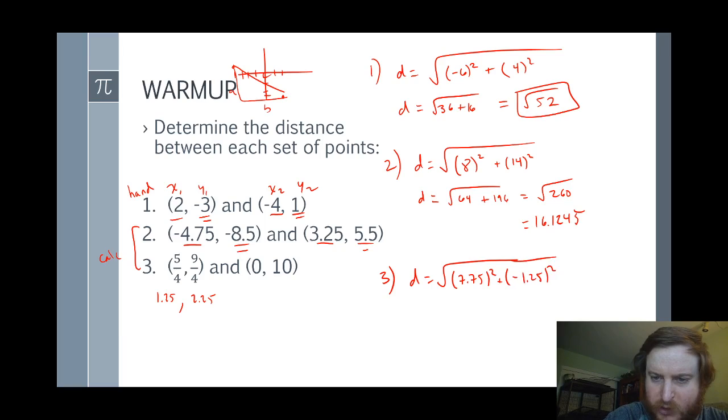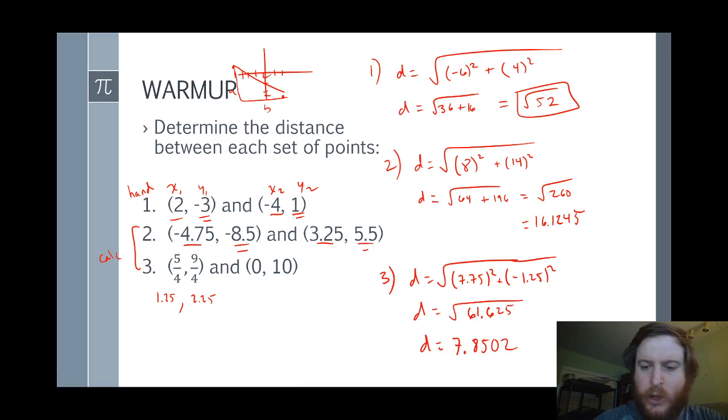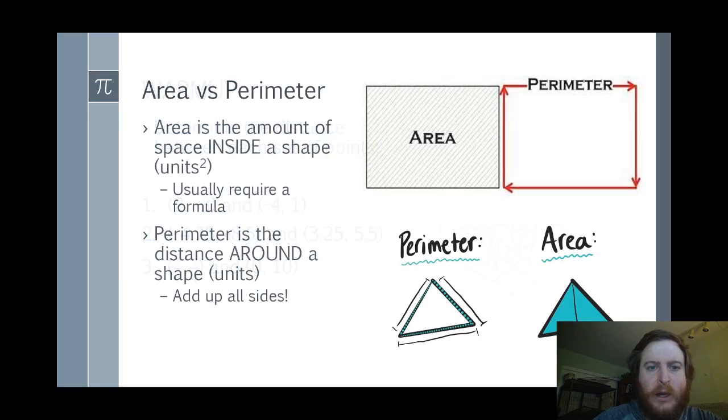And then you'll just type those into a calculator. So 7.75 squared, we end up with 61.625 when we add up those two, and then 7.85. I think I asked you to round your answers to 1 decimal on these, so you would have just reported 16.1 and 7.9. All right, moving on.